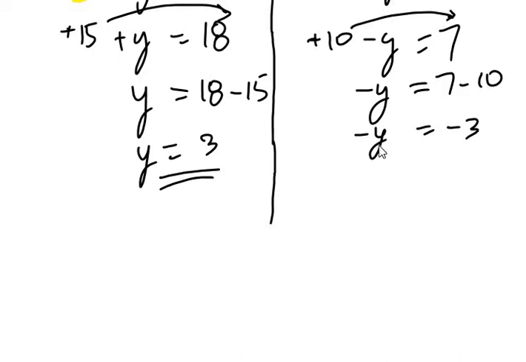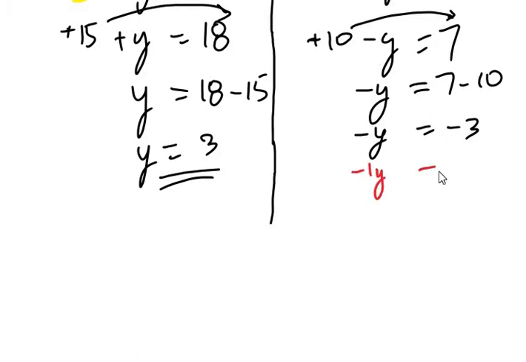So we'd have to carry it over as positive 1. Well, not yet. Remember, this is not negative 1 plus y. It's negative 1 what? Negative 1 times y. So the negative 1 will not change.